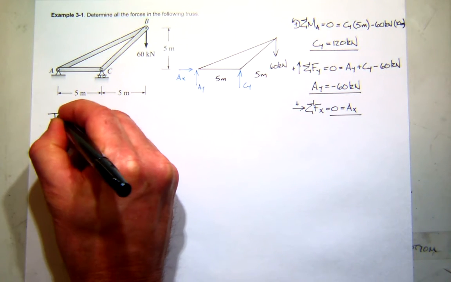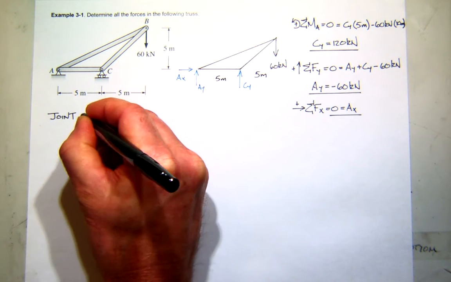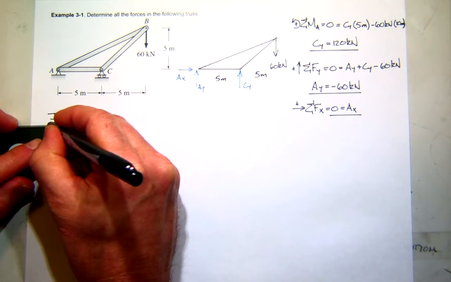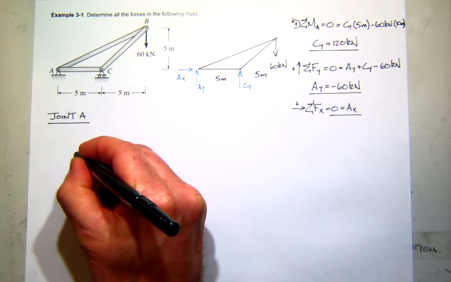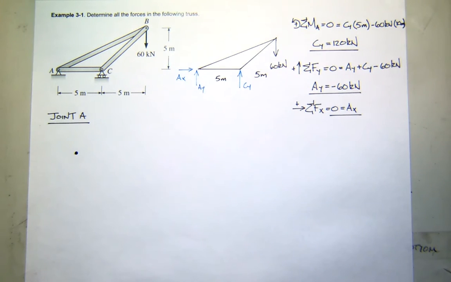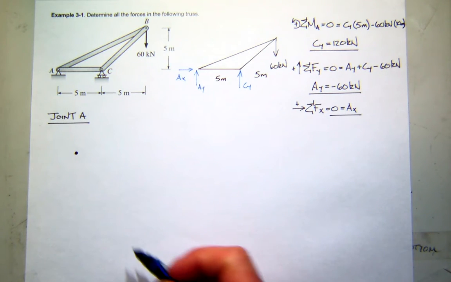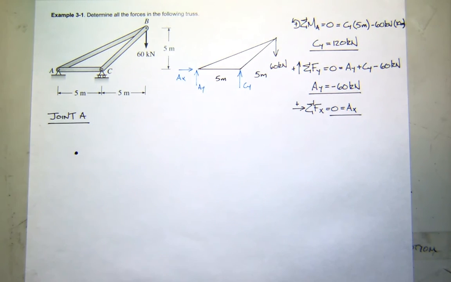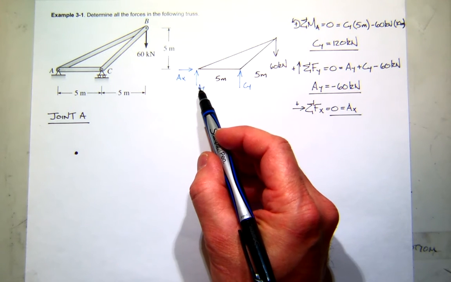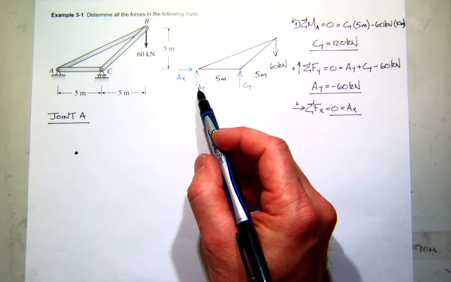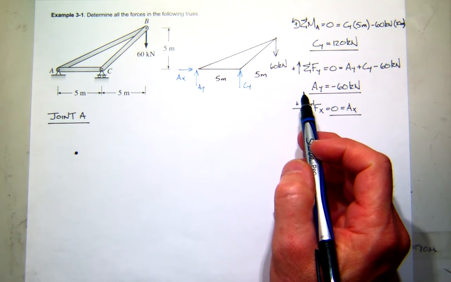So if I come over here and draw a free body diagram for joint A, this is what I get. There's my free body diagram. Pretty cool, huh? See it? It's right there. Now what are the forces on that? Well, what's AY? I assumed it was up and it's 60, but it's actually down.